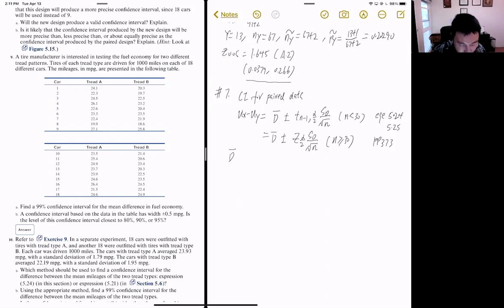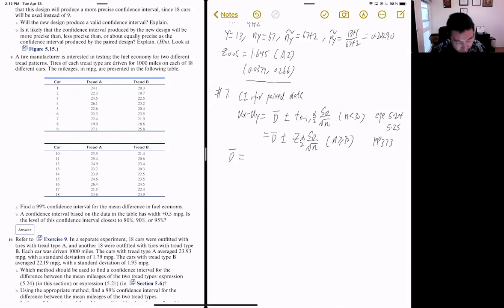This is the average of the difference. For car number 1, tread A is 24.1 mpg and tread B is 20.3, so the difference is 24.1 minus 20.3, which is 3.8.